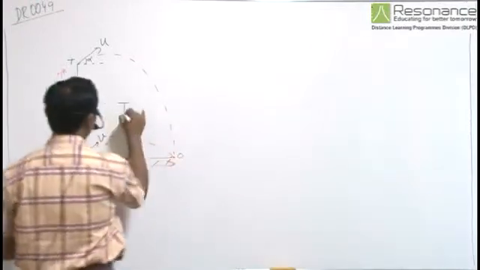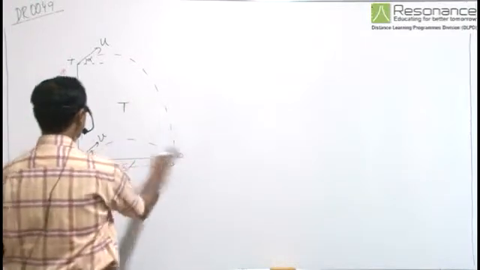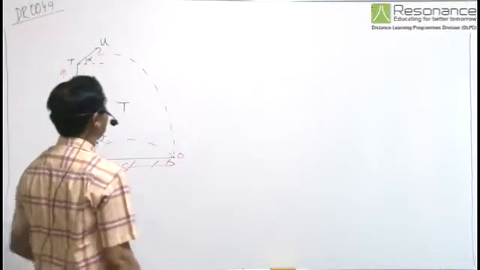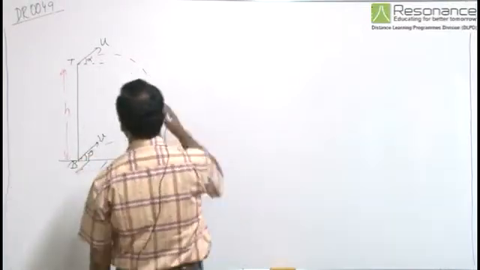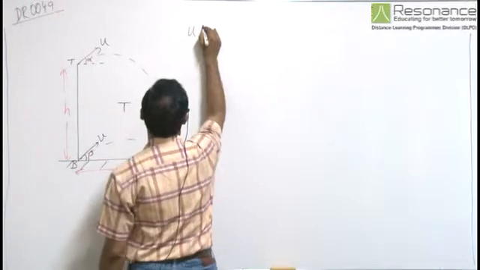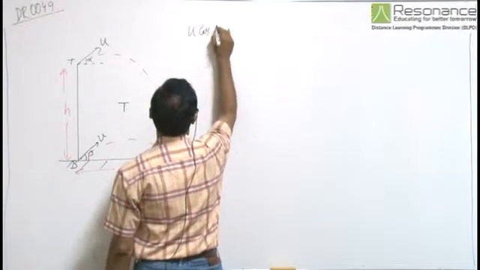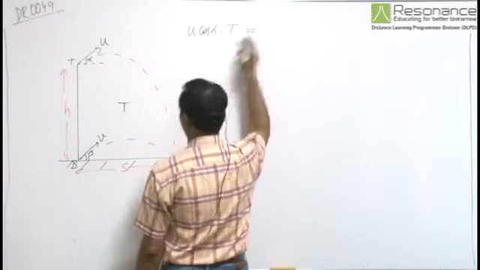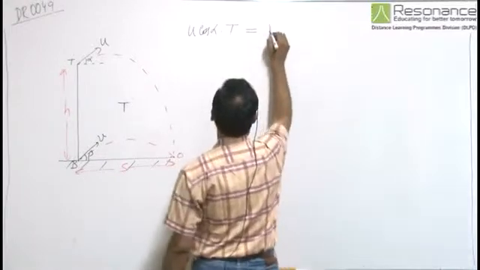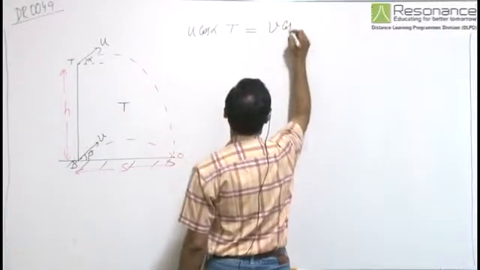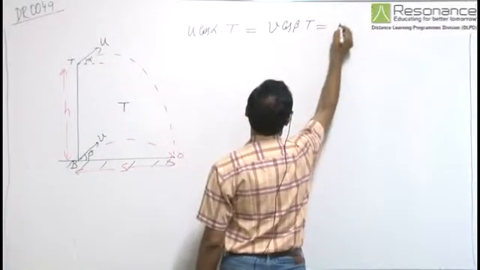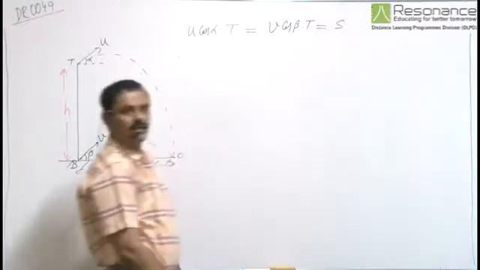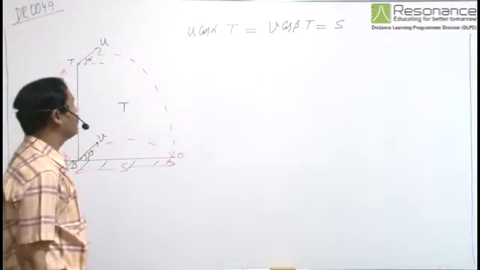Let t be the time of flight, then the horizontal component of velocity of them has to be the same, or we can have u cos alpha into t is equal to v cos beta into t, that is the horizontal range s.